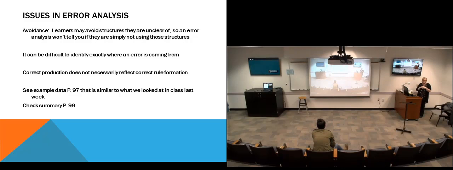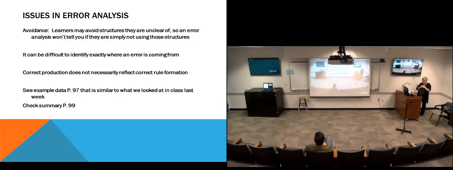So you have no idea. So if you have avoidance errors, the only way that you can deal with avoidance errors is to test learners on a particular structure and then see. But if you're just looking at their spontaneous speech or their spontaneous writing, they may just simply not use that form.